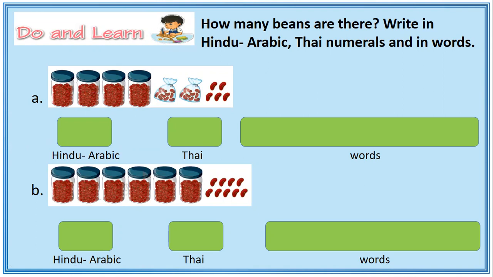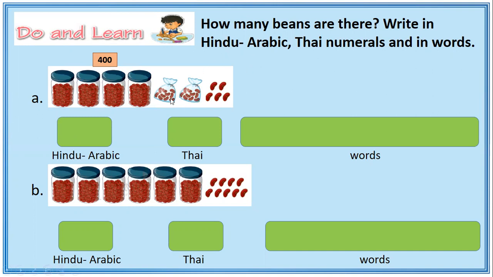And again, each jar contains how many pieces of beans? Very good, it contains 100. So these 4 jars of beans has 400 pieces of beans. Great. And what about the bags of beans? So how many beans are there in these bags? Remember, each bag contains 10 pieces of beans.